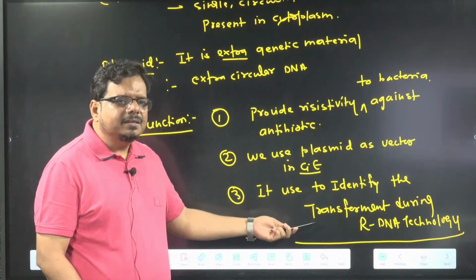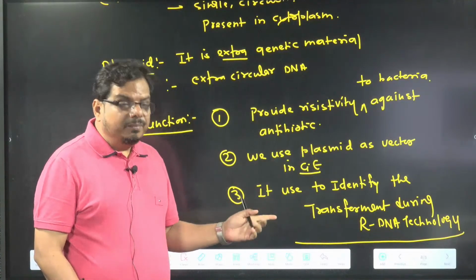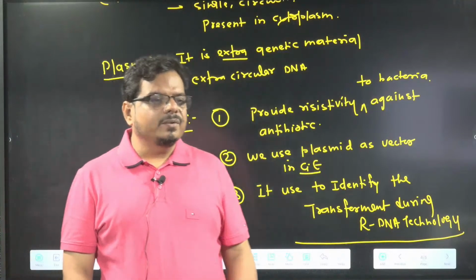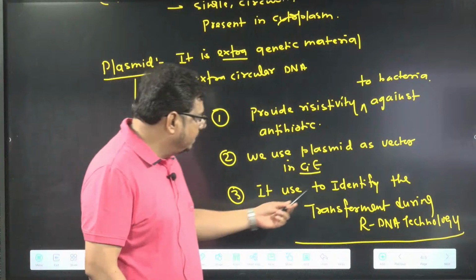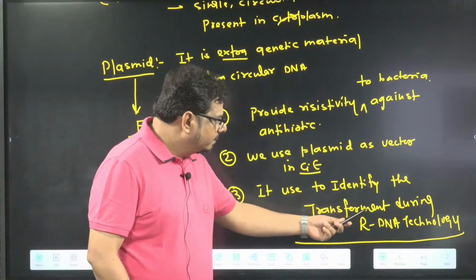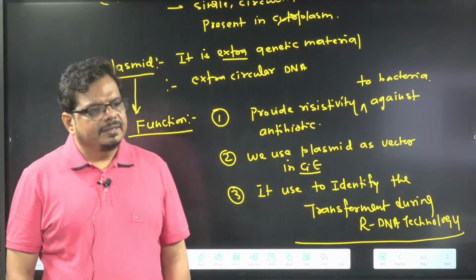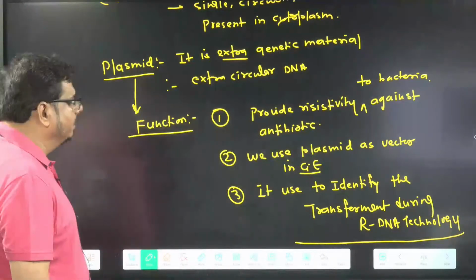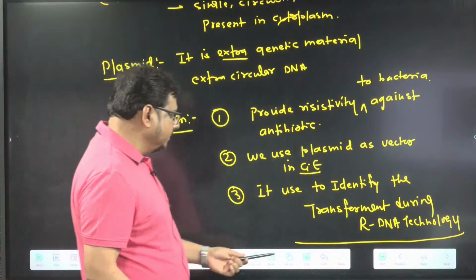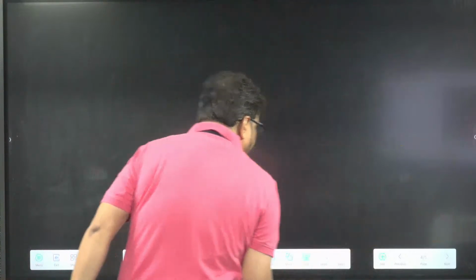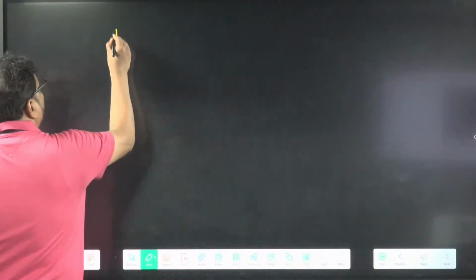So you got the idea, means used to identify. We will deal how to use to identify in biotechnology. So it is used to identify the transformant during rDNA technology. So this is about the plasmid. Much more about plasmid we will study in biotechnology.